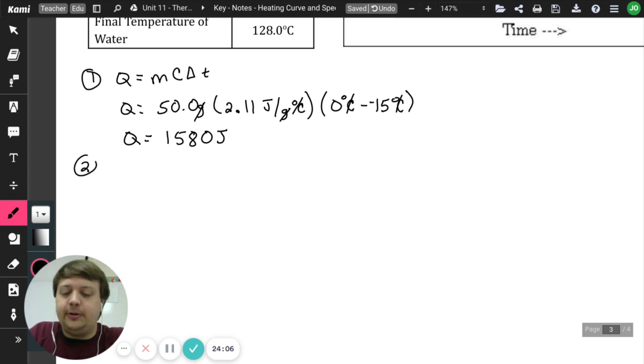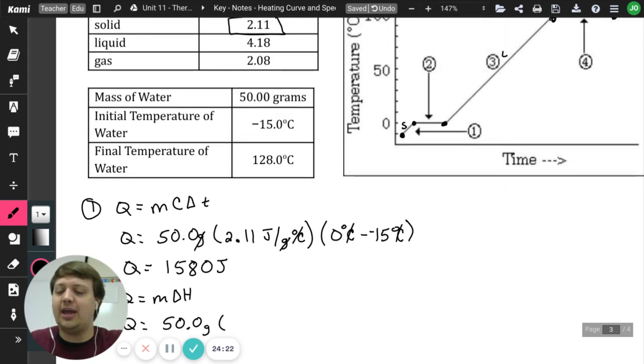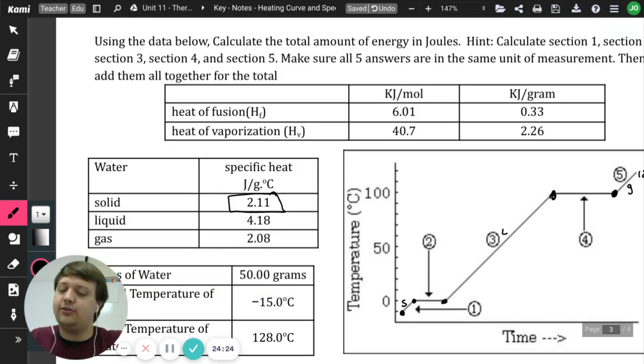Step 2. Now, in this case, I don't see a change in temperature, so I use Q equals M delta H. So then Q equals, again, 50 grams of water. Now, I need my delta H, which is heat of fusion. Heat of fusion represents if I'm going through melting or freezing.